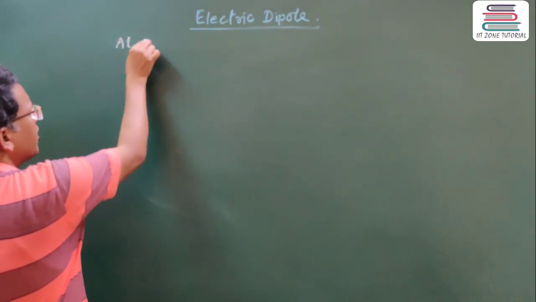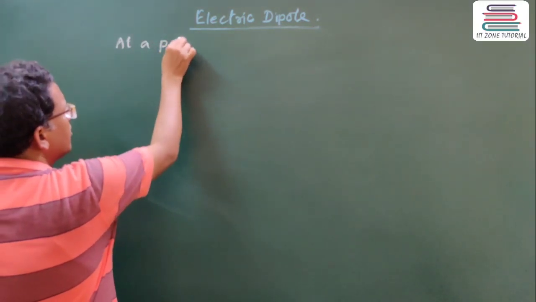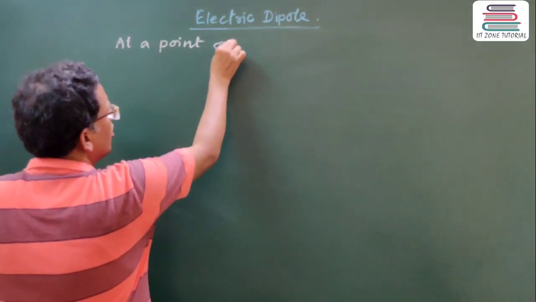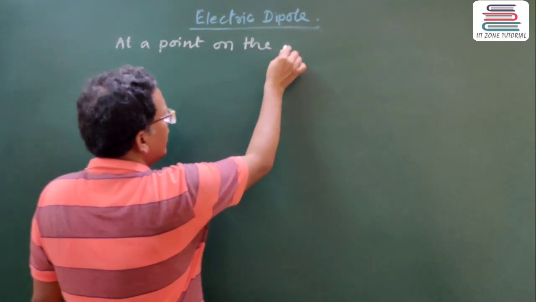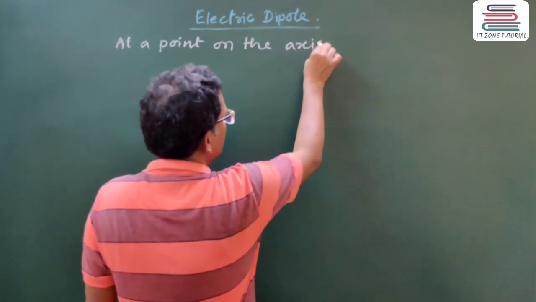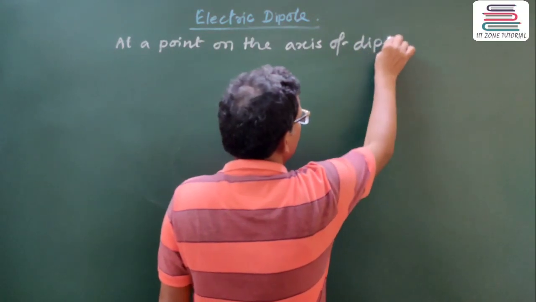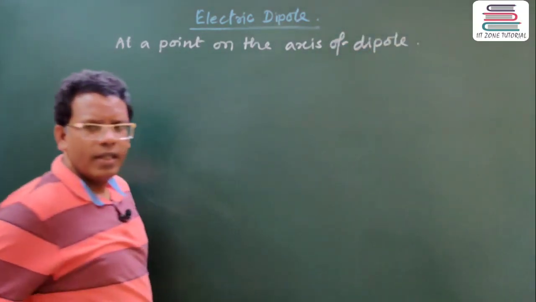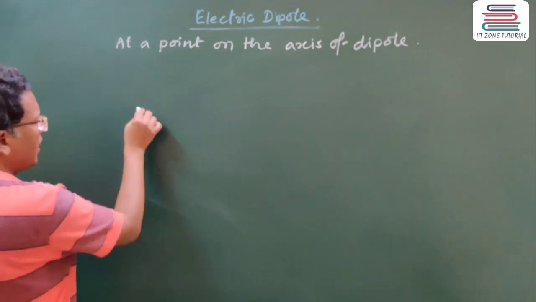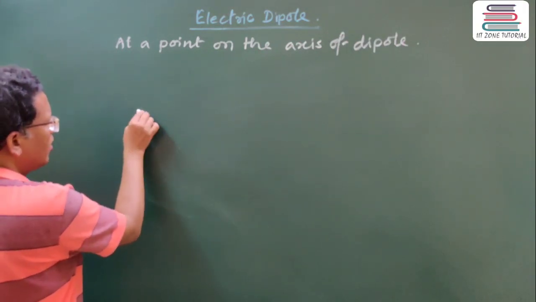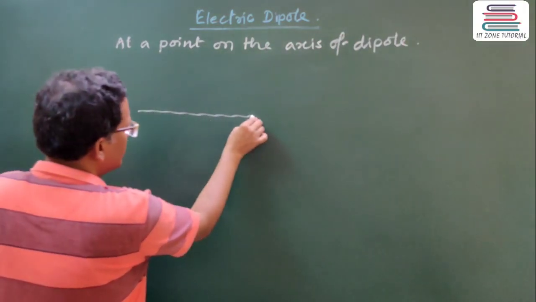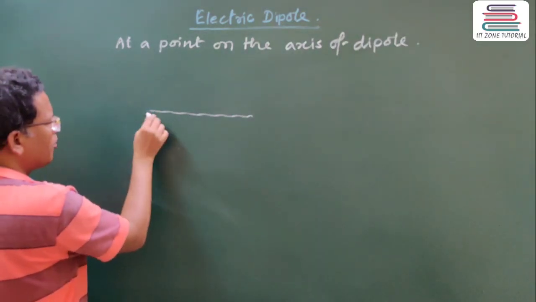So we will write down: at a point on the axis of the dipole. For example, this is the line joining two point charges.